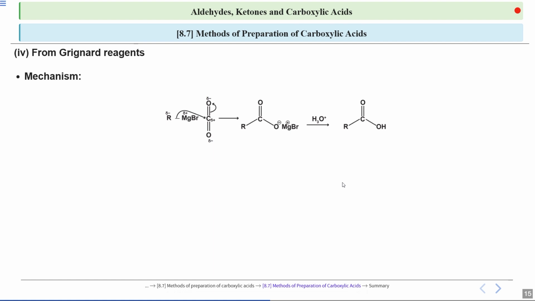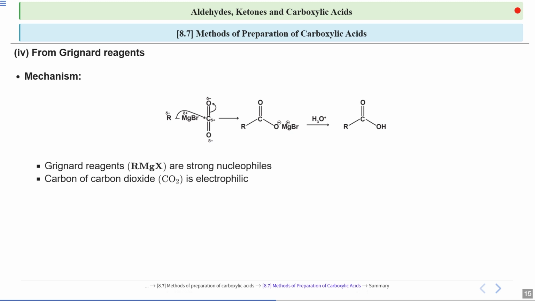Now over here we will see the mechanism, how this reaction happens. First step, Grignard reagents, which are represented as RMgX, are strong nucleophiles. If they are strong nucleophiles, they have a high tendency to donate electrons to other atoms or molecules. Next, the carbon in carbon dioxide, CO2, is electrophilic.